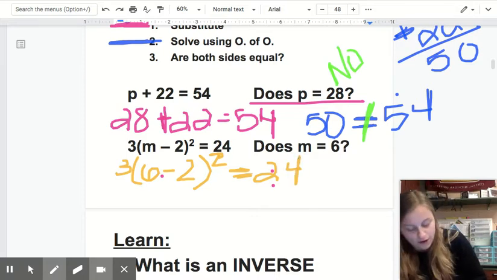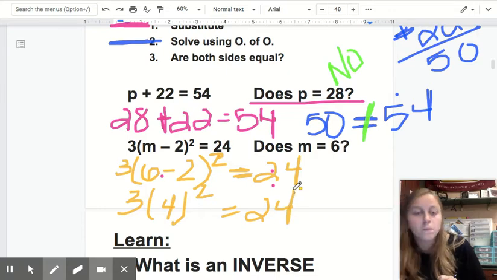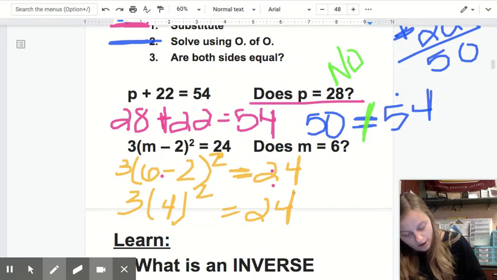Simplify inside our parentheses first. So we have 3 times 4 squared equals 24. Order of operations says exponents are next. So 4 squared is really 16. So 3 times 16 equals 24.